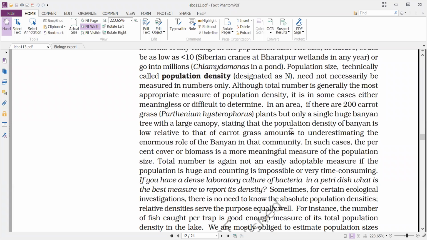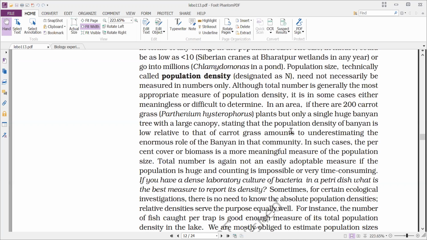In a cubic millimeter, how many bacteria are present? We'll apply that to the size of the petri dish. For example, if a petri dish is around 5 centimeters, in 1 millimeter this many bacteria are present, so in 5 centimeters, how many bacteria will be there, we multiply.